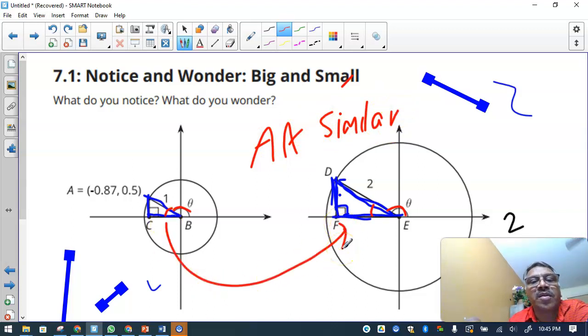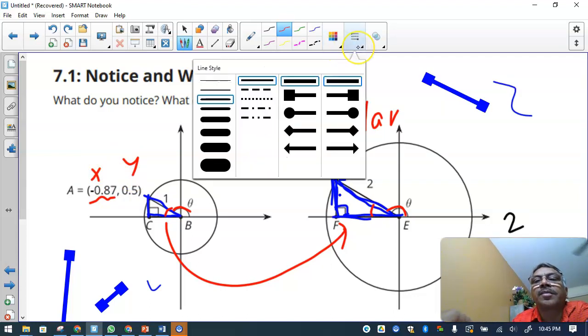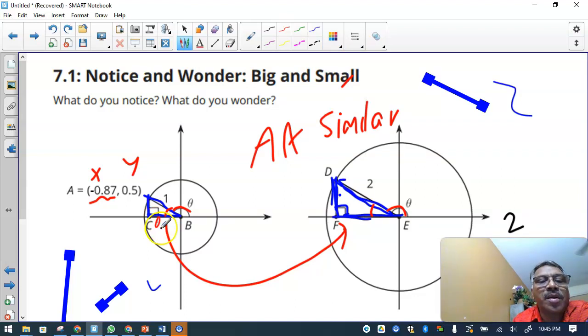If they are similar, what does this mean? This is the x and y. It means this length is 0.85 and the height is 0.5.